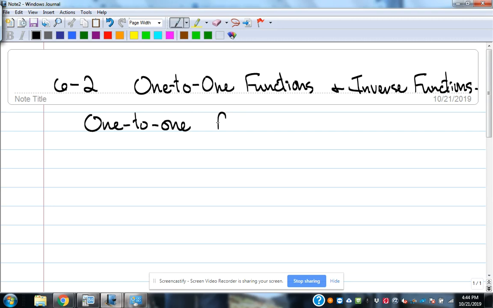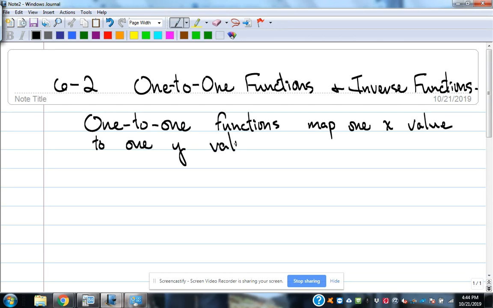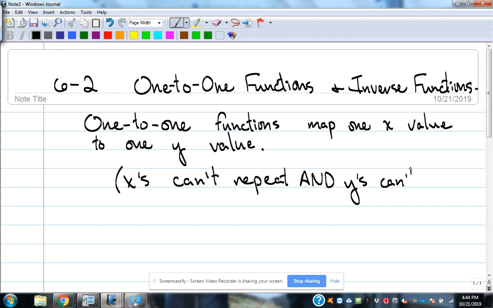One-to-one functions are functions to begin with, so their x's don't repeat. X's can't repeat and y's can't repeat.